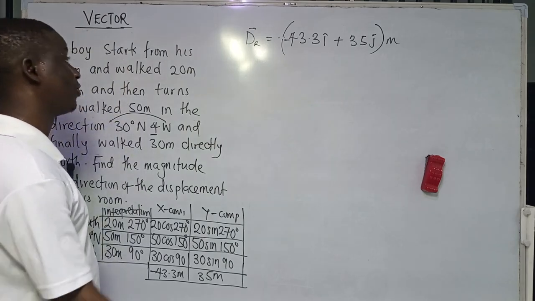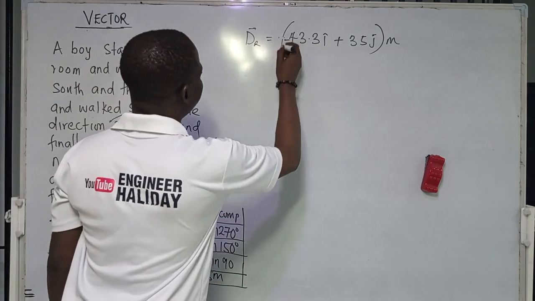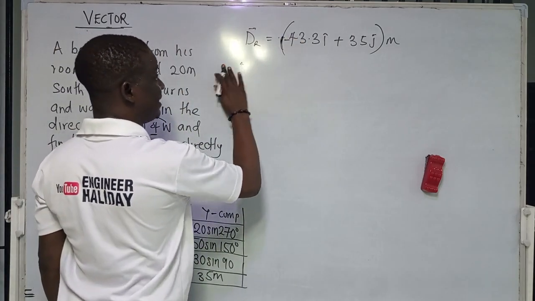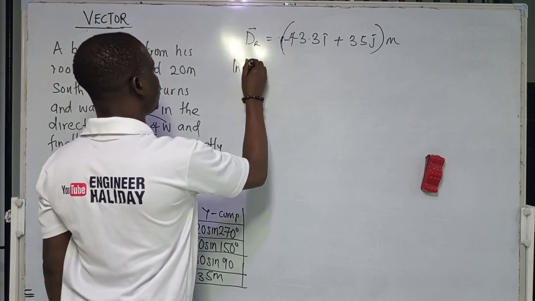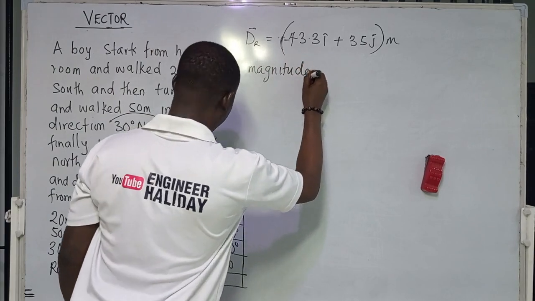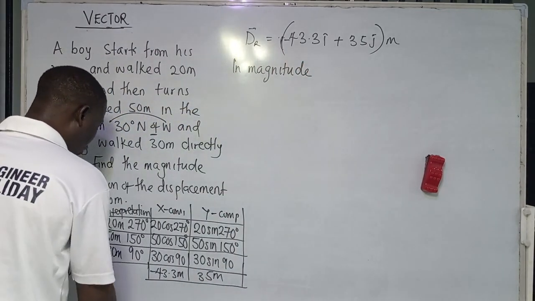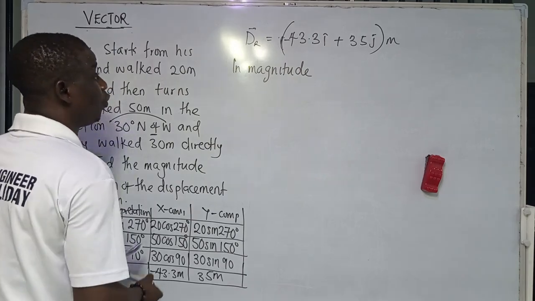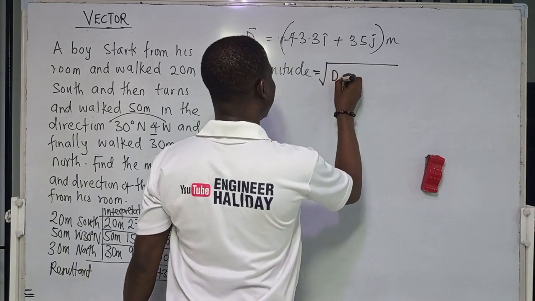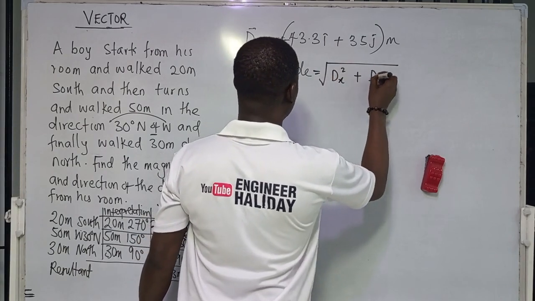Don't forget that if you resolve it like this, your resultant is in vector form. Now what will it be in magnitude? The resultant first in magnitude. You just need to use your formula. The formula is the square root of dx squared plus dy squared.